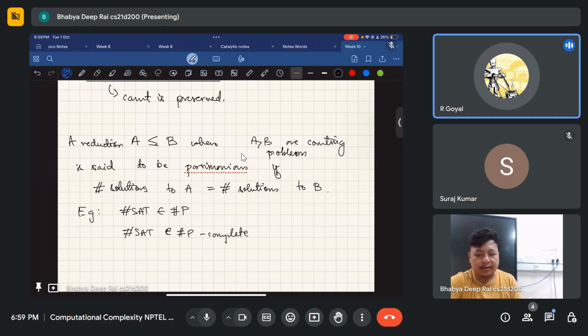Yes, and this reminds me that since every algorithm on this planet can be encoded as a Boolean formula, sharp SAT means how many solutions there are. So basically, I'm asking how many solutions any algorithm can have.